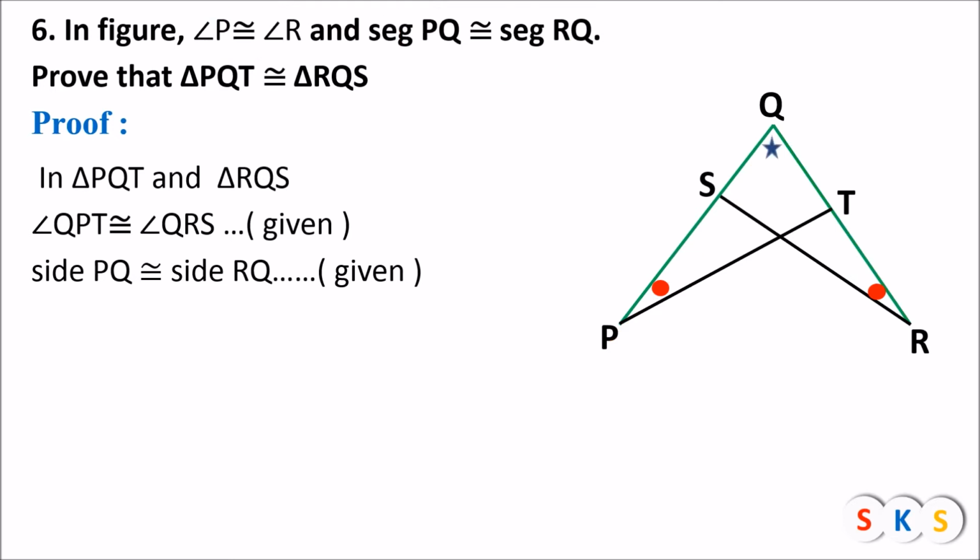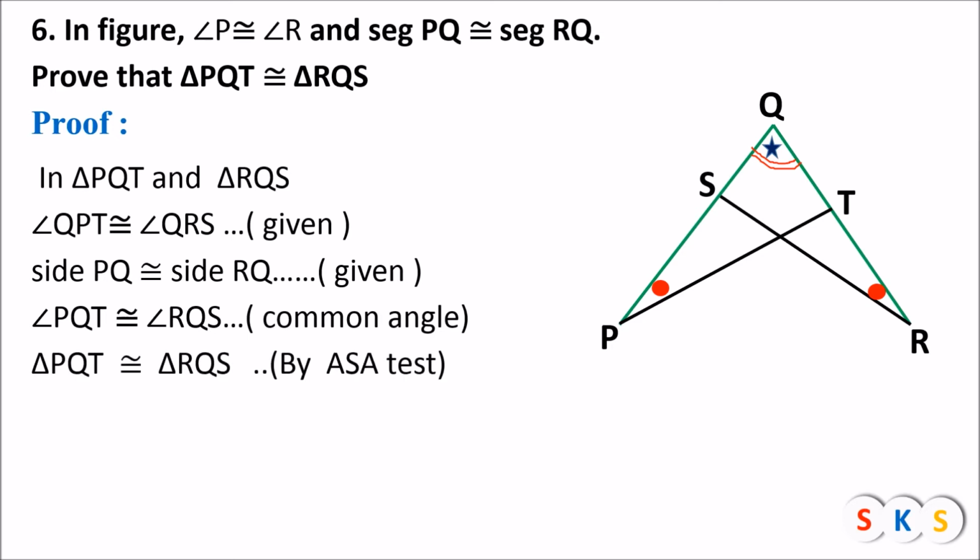You can say angle PQT or you can say angle RQS. It is the same angle with two different names, a common angle. Therefore, triangle PQT is congruent to triangle RQS by the angle-side-angle test.